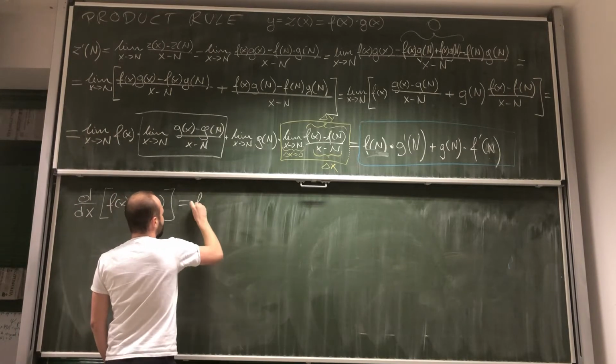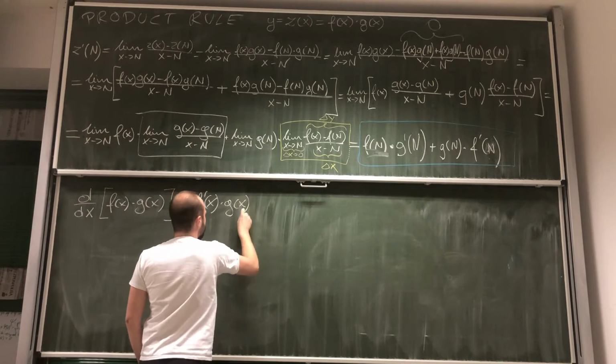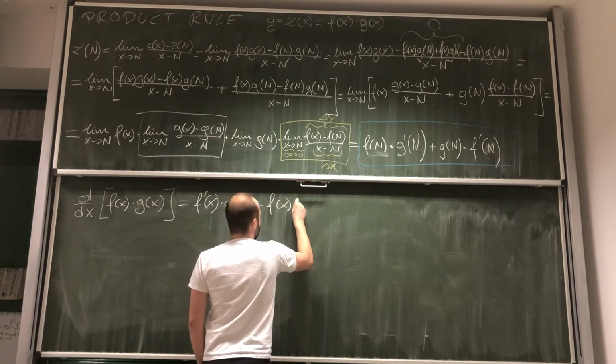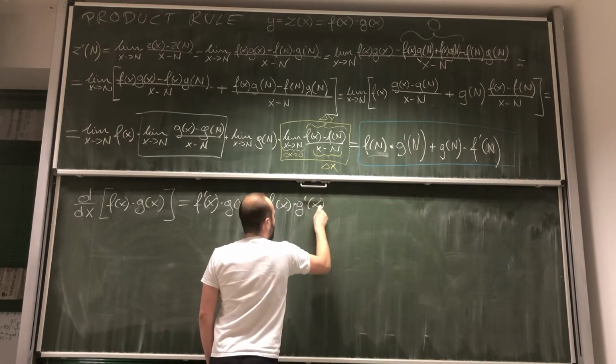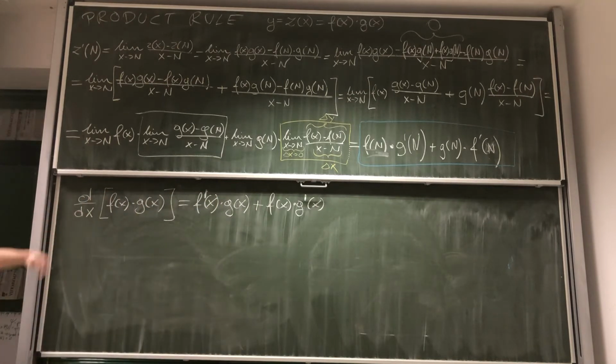It's equal to the derivative of the first function times the second function plus the first function times the derivative of the second function. What you see over here is the so-called product rule.